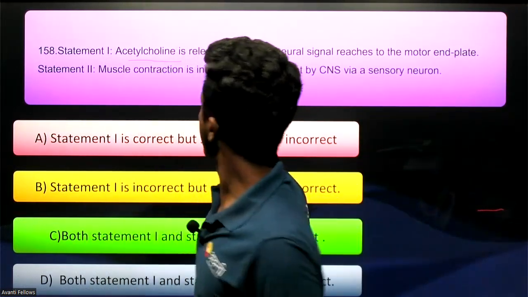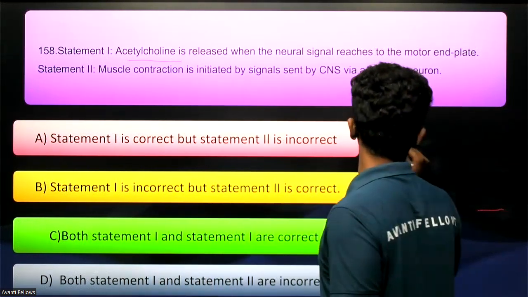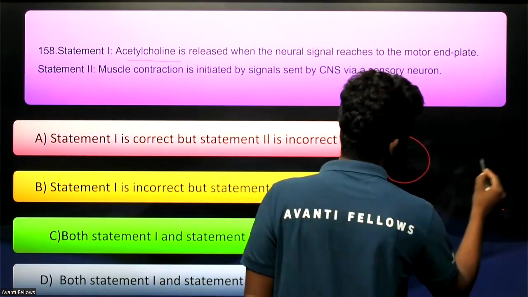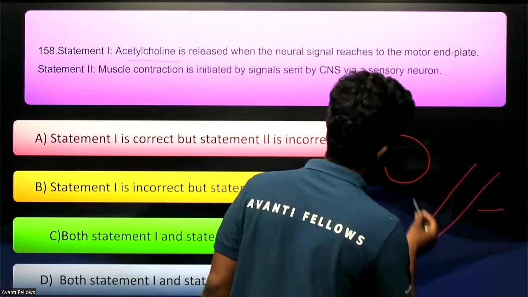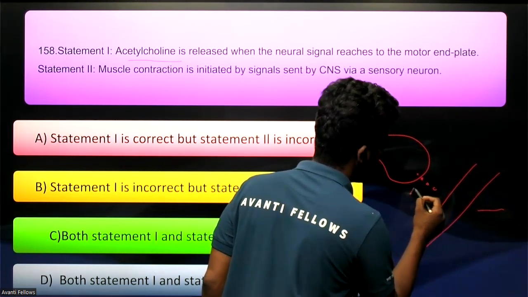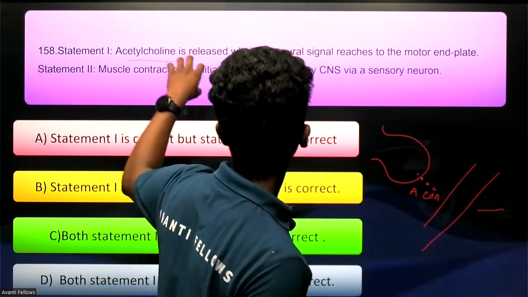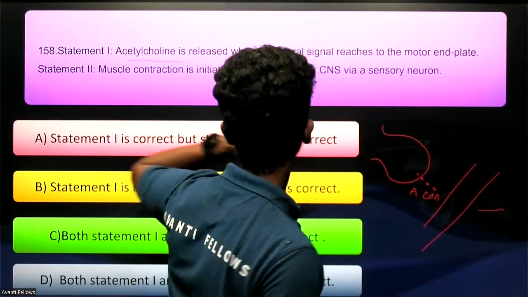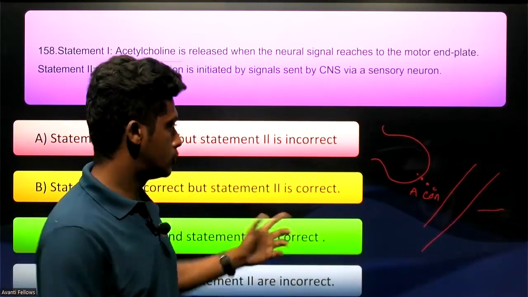Acetylcholine is a very important factor. Let's say this is the synaptic end, the NMJ, neuromuscular junction. Usually these neurotransmitters are released in the form of acetylcholine. The acetylcholine is released at the end plate and sticks onto the receptors.